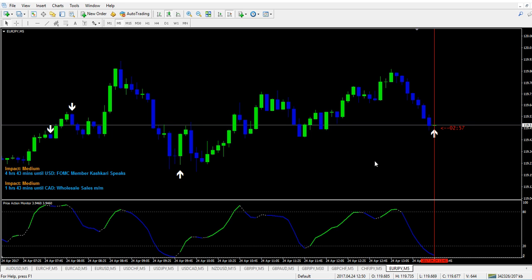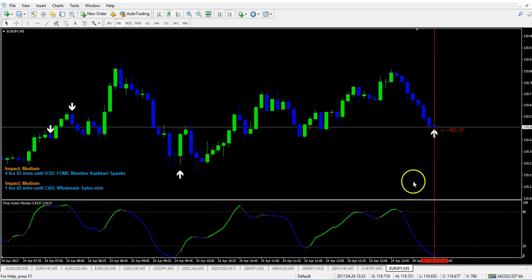So you do not have to watch out for confirmation with support and resistance. All this is built into this arrow. All you have to do is wait for an arrow and only check if the price action indicator is in the overbought or here in the oversold zone, and take 5 minutes expiry. So these are totally new settings of these arrows.